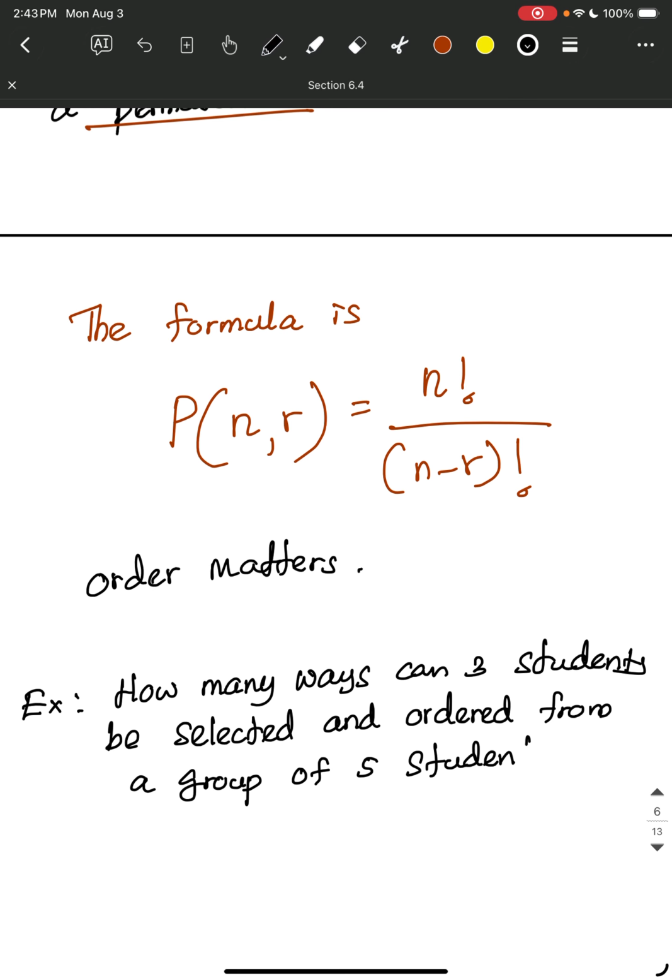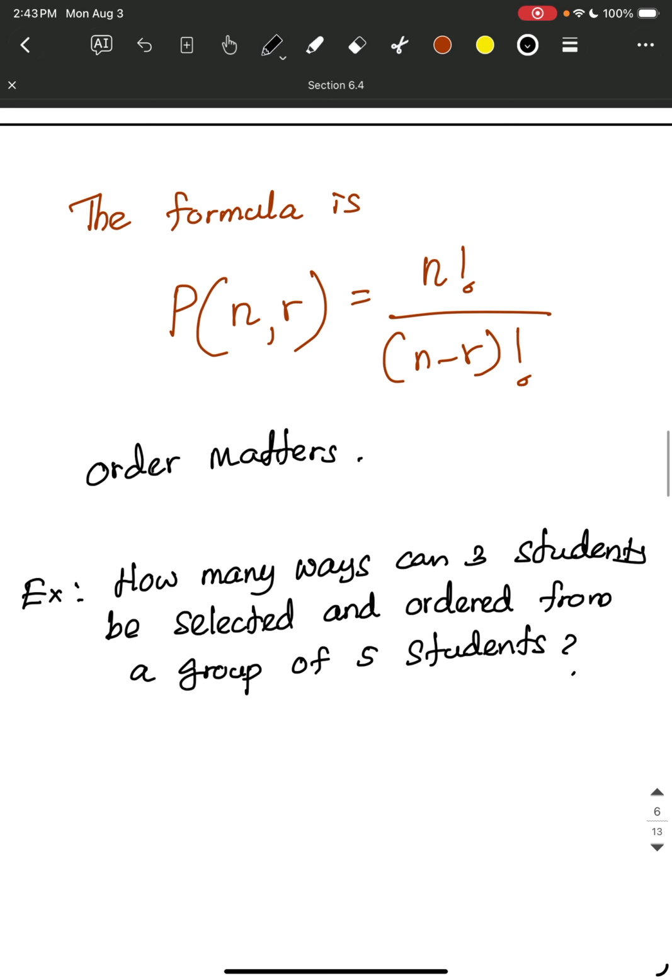Okay. Notice that we are not simply choosing 3 students. We are also arranging or ranking them.